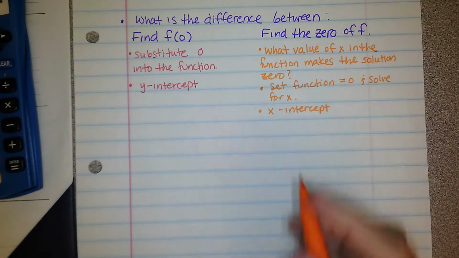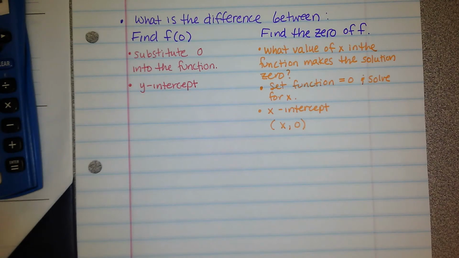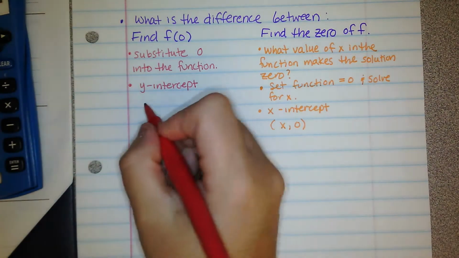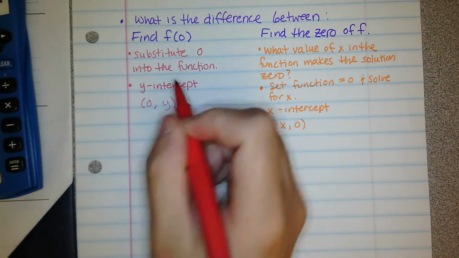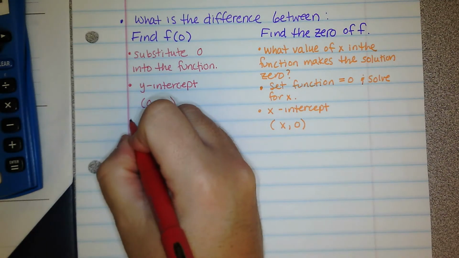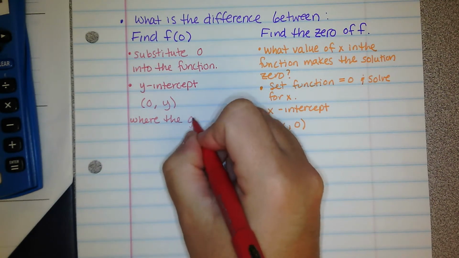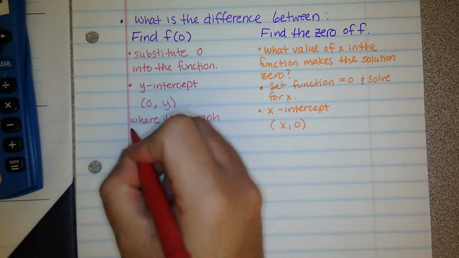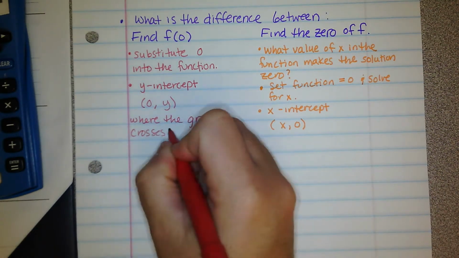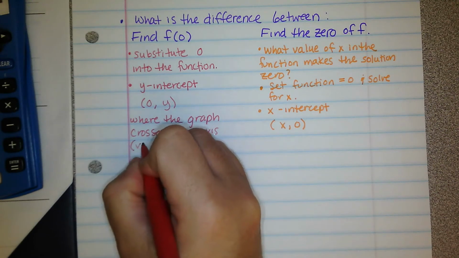Okay, so an x-intercept is in the form x-coordinate, comma 0, whereas a y-intercept is in the format 0, comma y. Lastly, as far as you know, a y-intercept is where the graph crosses the y-axis, and sometimes they call that the vertical axis.